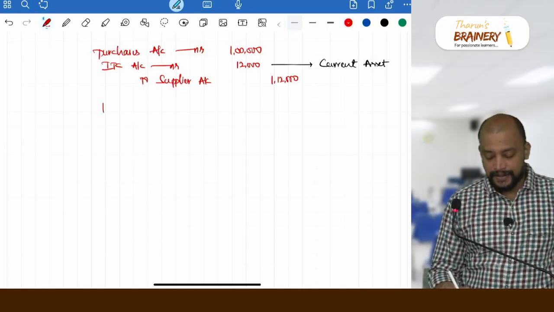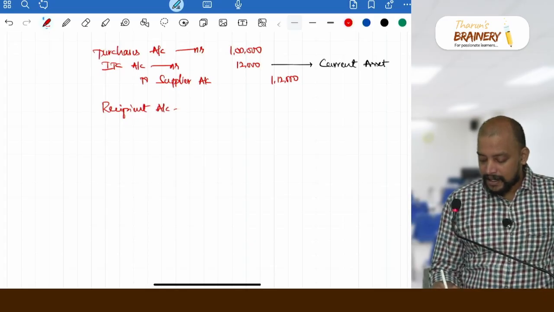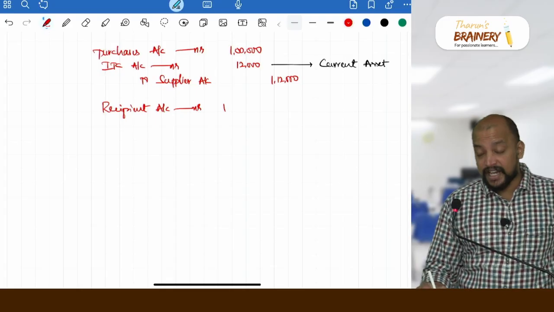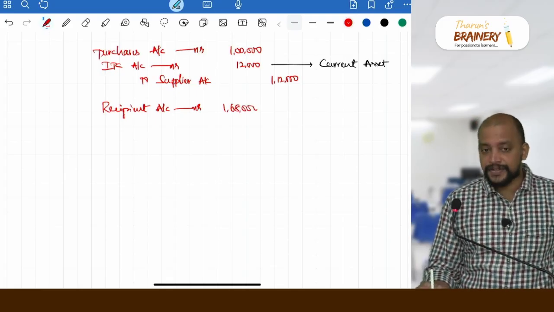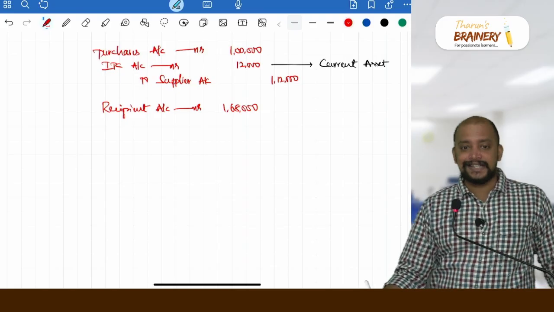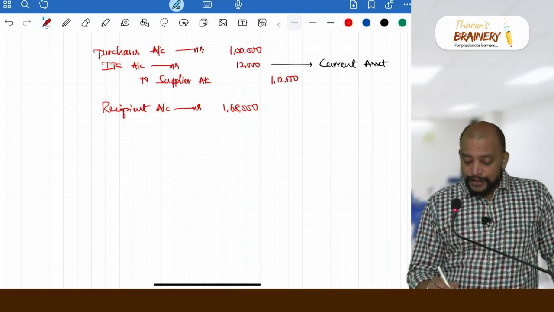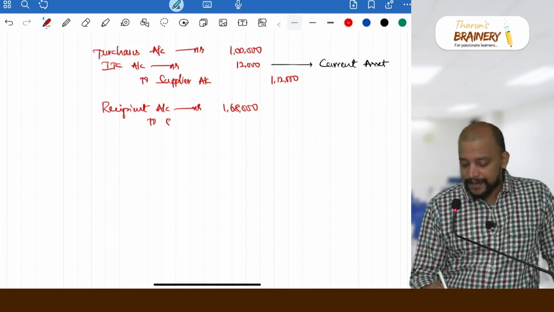Then again, what is the entry for making sales entry? Recipient account debit. How much? 1,50,000 plus 18,000, 1,68,000. We record 1,68,000 because that is also recoverable from him. To sales, how much do we show as sales?